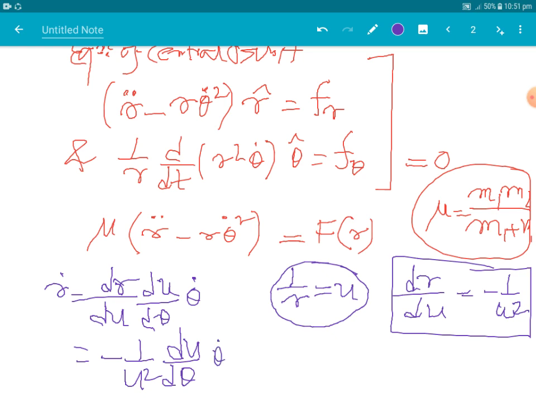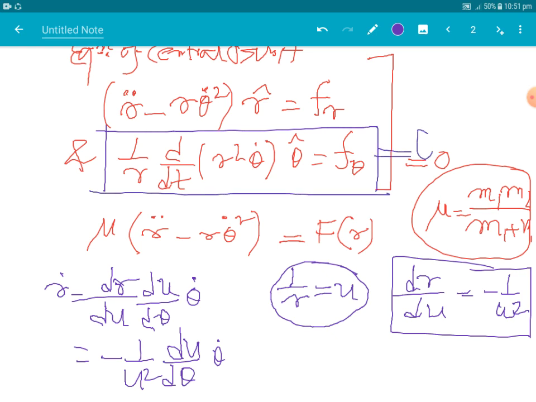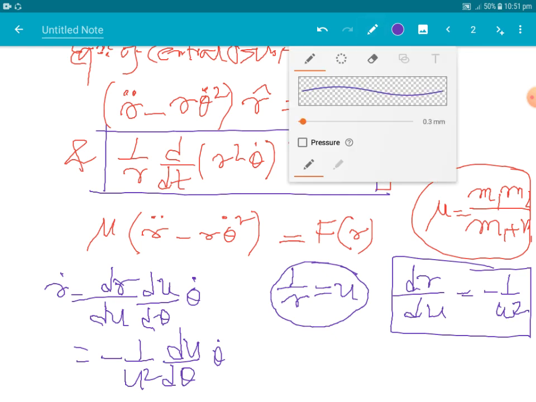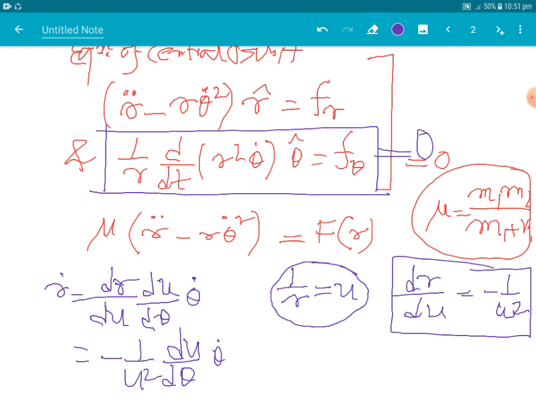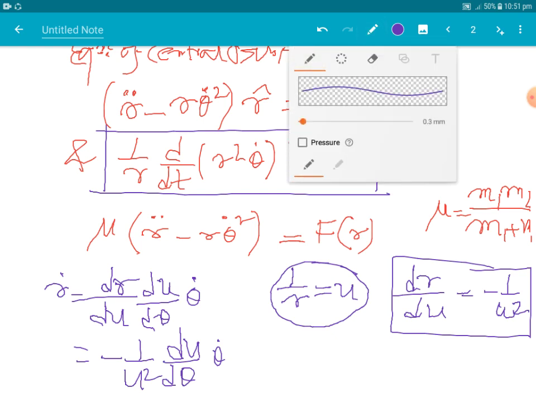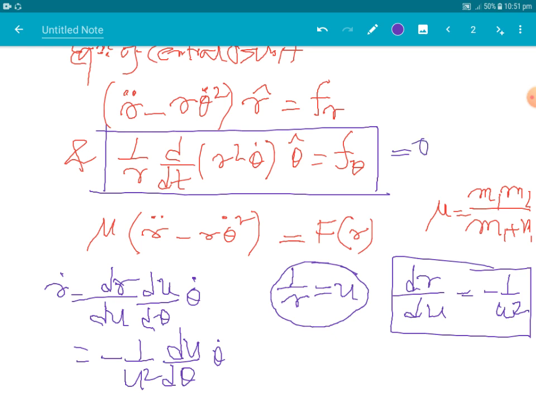Now we see that d/dt of r square theta dot is equal to 0. So from here r square theta dot is some constant, say h.